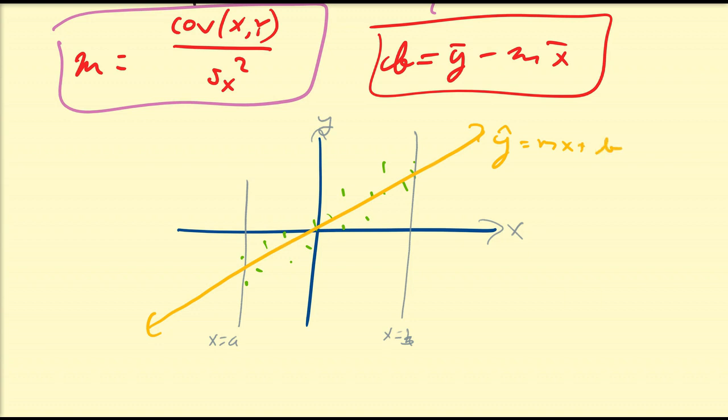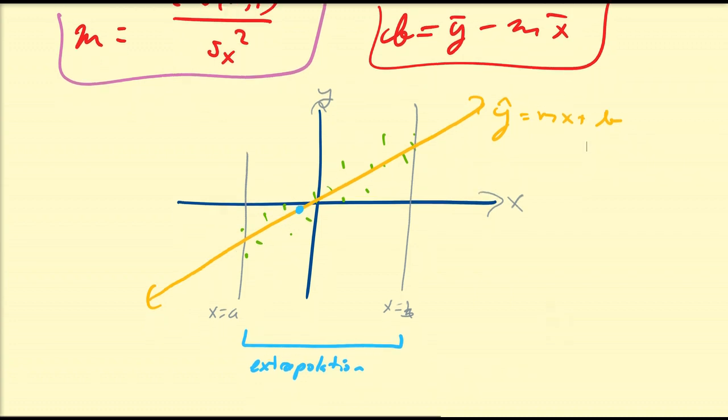If you use this line to guess a point, say here, this is what we call interpolation. If you have the gas prices in January and the gas prices in April, using that line of best fit to approximate the values at February or March would be an example of it.